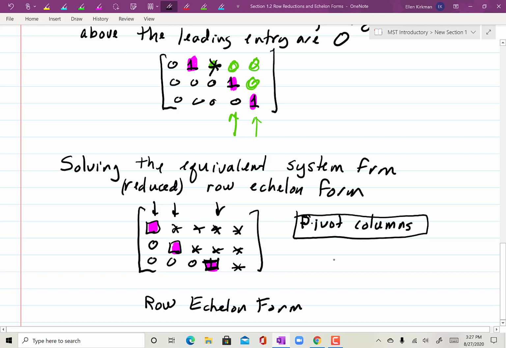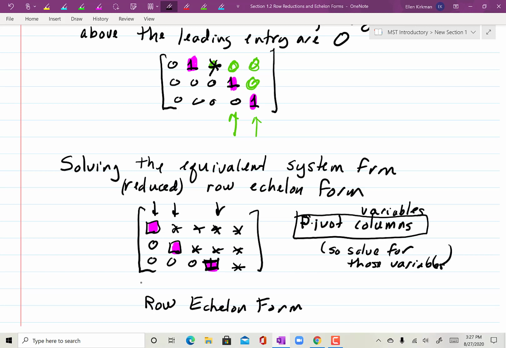Those are going to be the variables that we solve for, and they also refer to those variables as pivot variables. And so we solve for those variables. That's the same even if it happened to be in reduced row echelon form; the only difference would be that these numbers here in purple would have to be 1. But those would still be the ones we solve for.